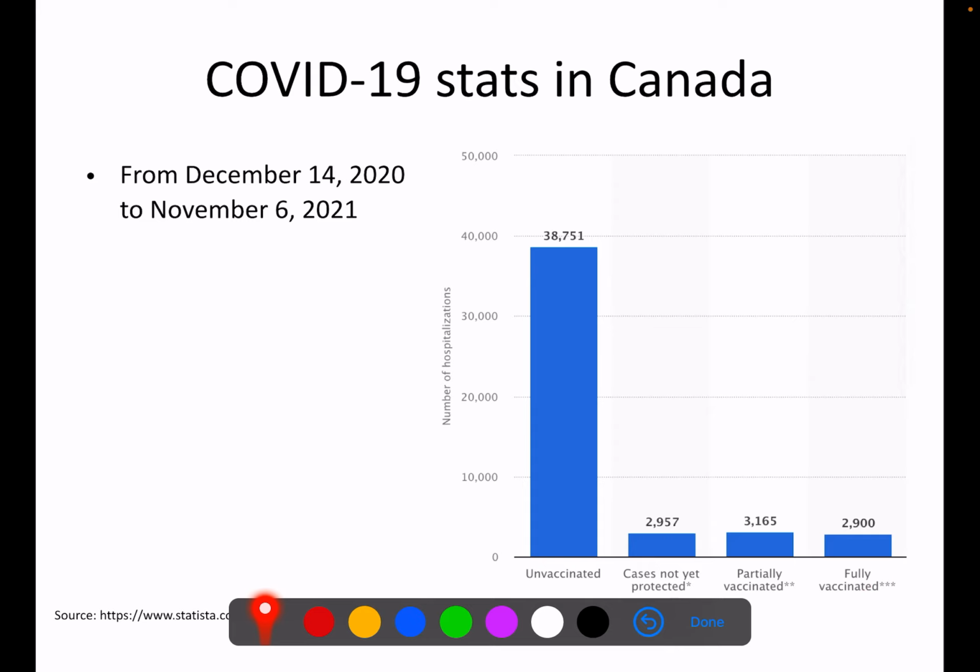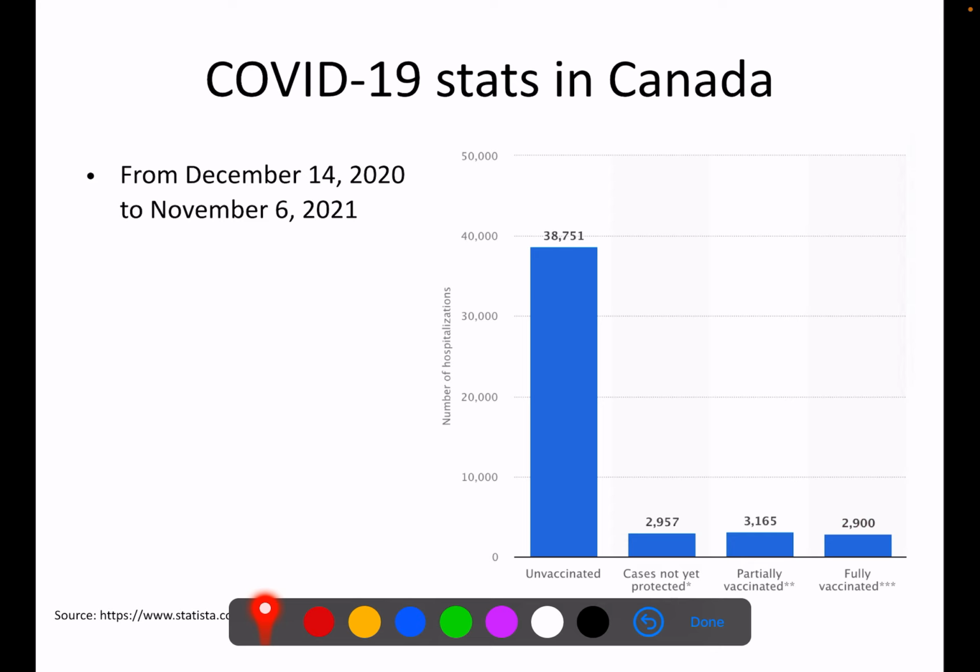So the issue with this data is that it starts from December 14th, and at that period, vaccines were not available, right? So one reason that we have a large population here is that for a large period during this time, vaccines weren't available, right? So we can't really fairly look at this data and say that, oh, the number of unvaccinated is many, many more than vaccinated, right?